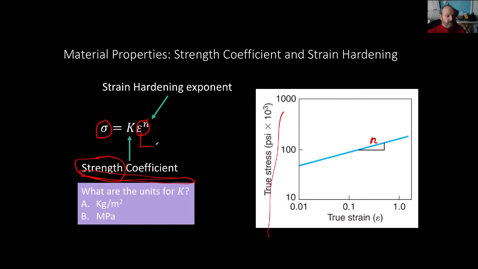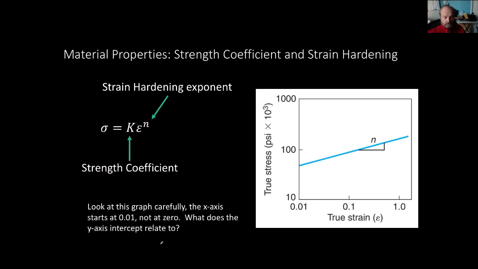So a unitless number raised to a unitless number is still unitless. So K is going to take on the units of what? True stress. Is it going to be kilograms per meter squared, or is it going to be megapascals, a pressure unit? Think about it. You can pause it. Well, it's a pressure unit.